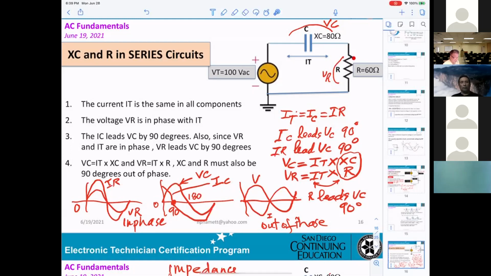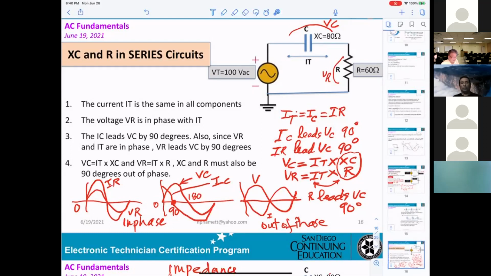In here, you can understand that the voltage VR across the resistor and IR will be in phase. That means both going up, both going down. Resistance has no phase difference. However, one thing you know is that the voltage VC right here and the current IC here, IC will be leading VC by 90 degrees.